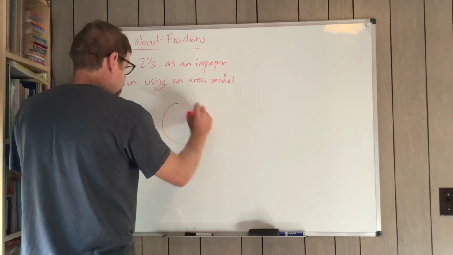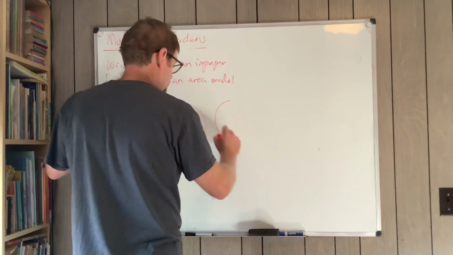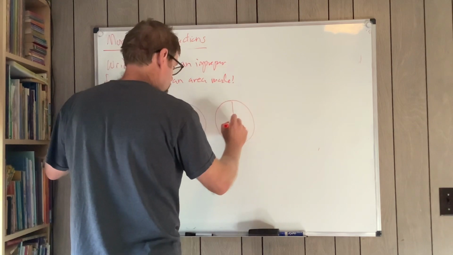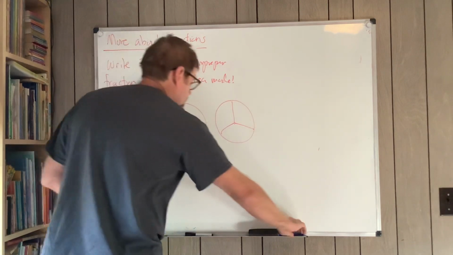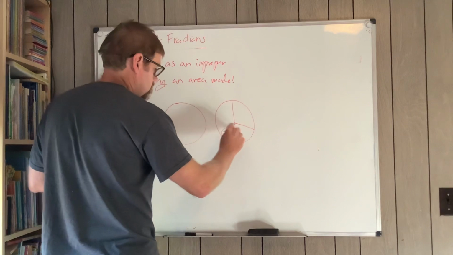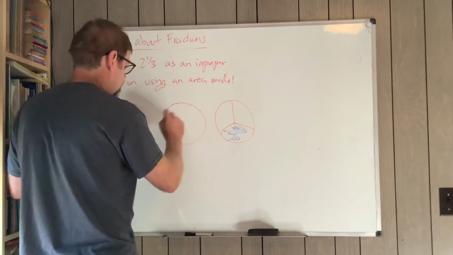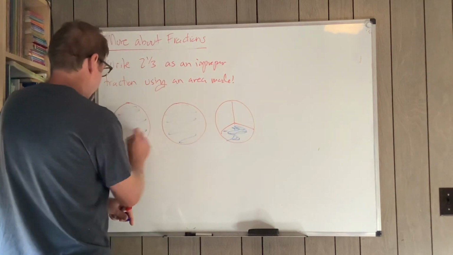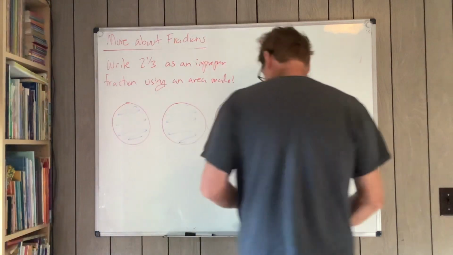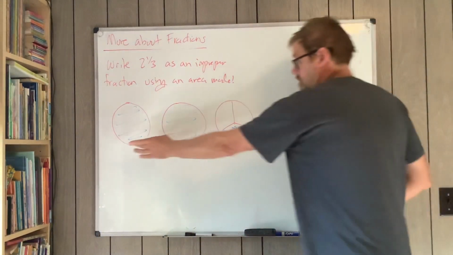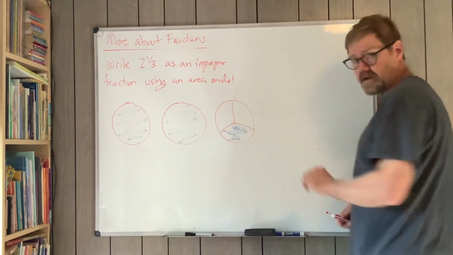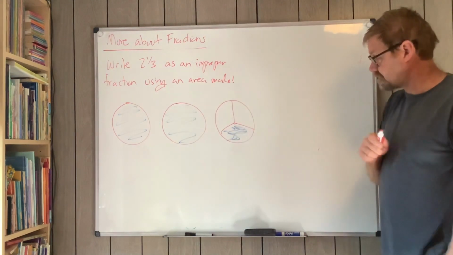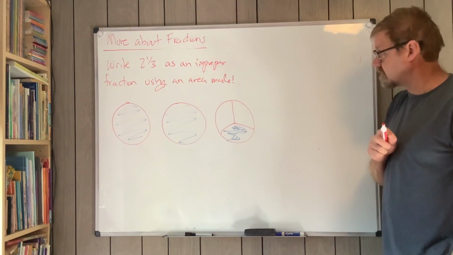I'm going to go ahead and do circles. It doesn't really matter. So 2 1/3, right? It is 2 wholes and then 1 out of 3 pieces on the third one, right?